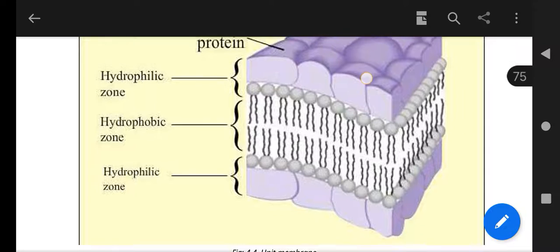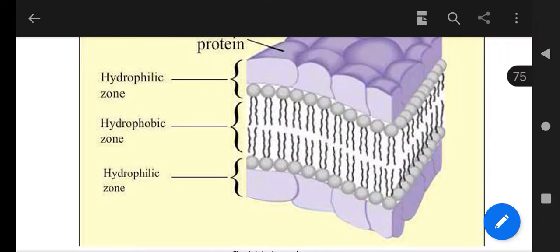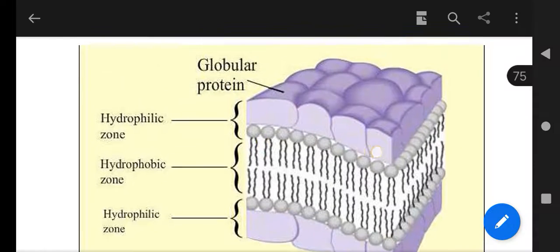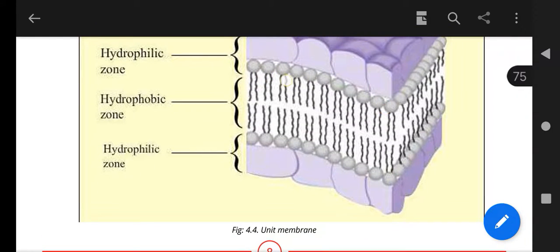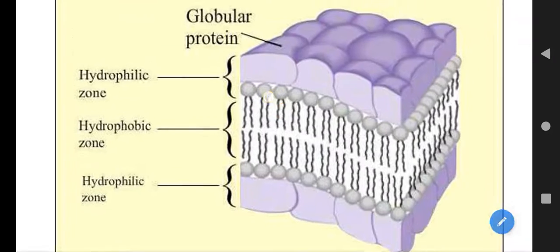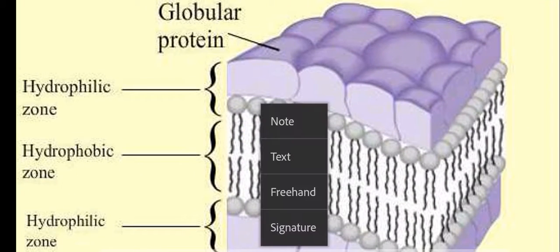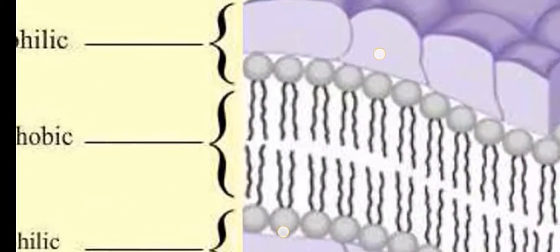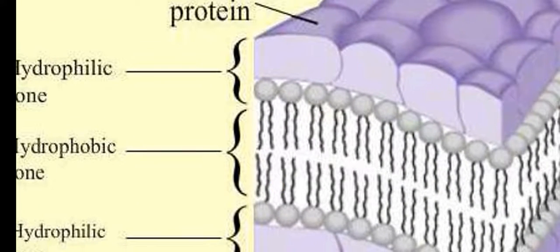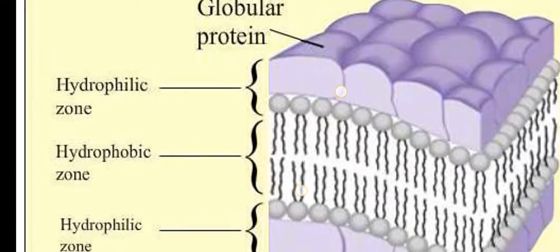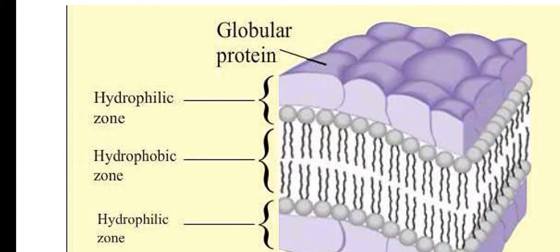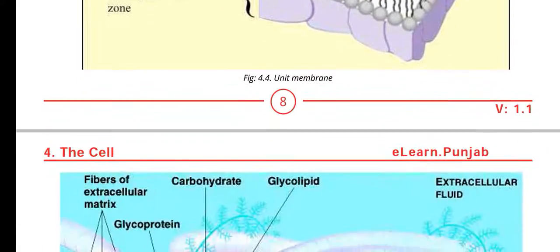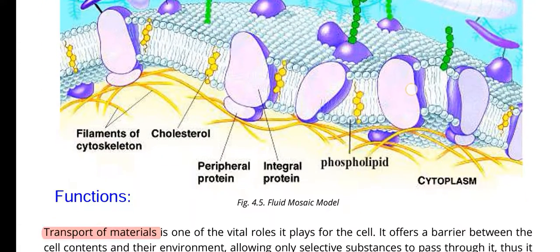You can see the outer and inner membrane is formed by protein and the lipid bilayer is a sandwich. You can see the outermost head and the innermost tail. It is the structure of a phospholipid with the tail and the head. The tail is hydrophobic and the head is hydrophilic, and the protein part is also a hydrophilic zone. And in the next diagram we have the fluid mosaic model.